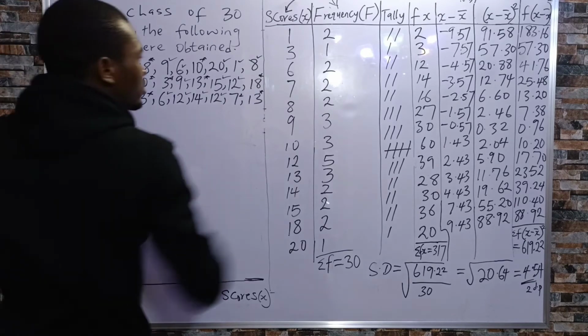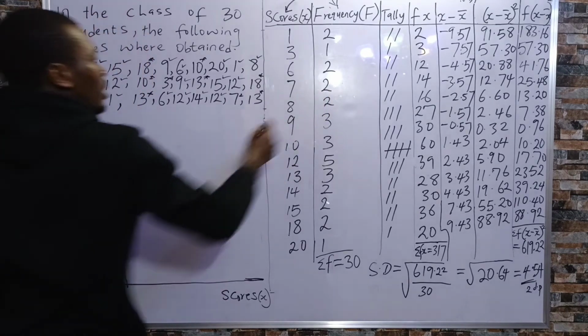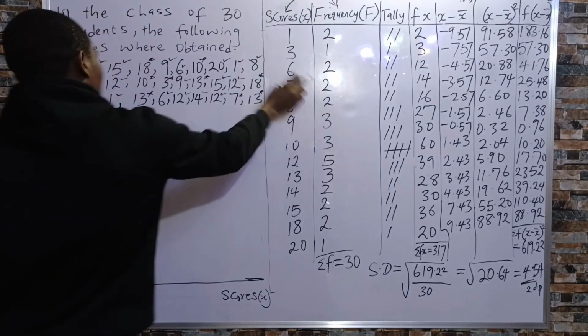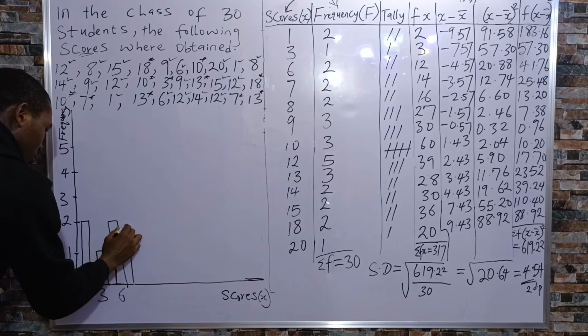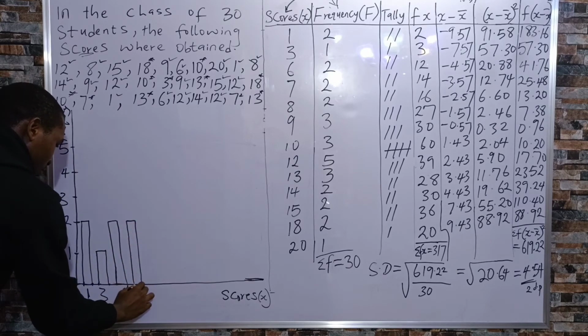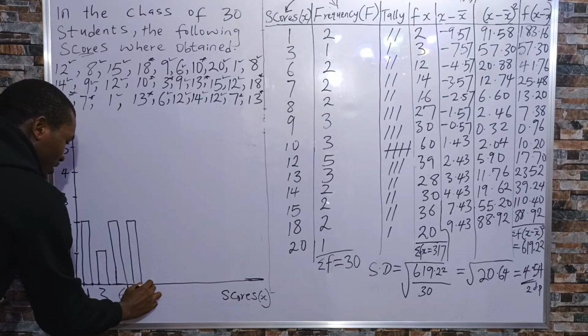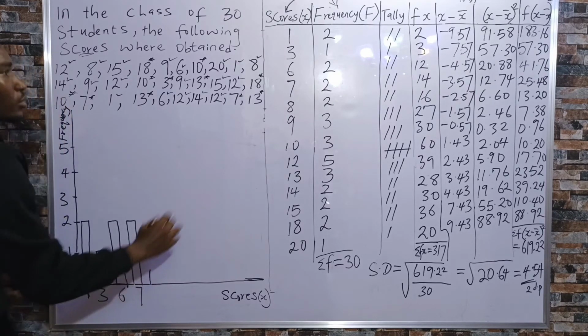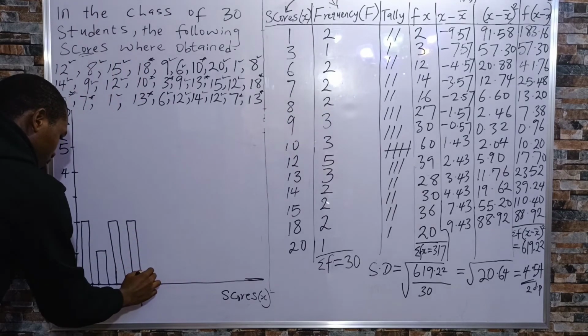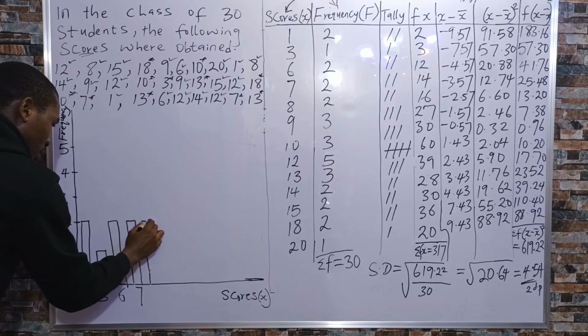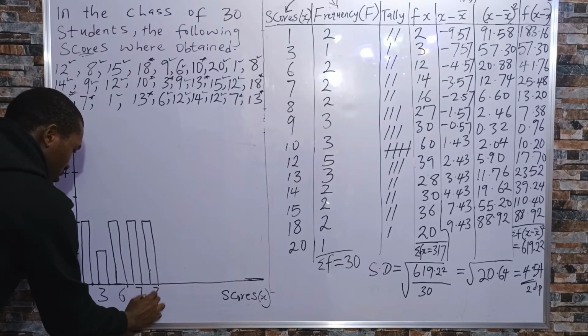Then the next one is still 2. So I will draw another rectangle to touch 2, and that is 7. So maintaining the same width, it will still be at the point of 2. I will call it 7. Jumping another 1 centimeter, I will draw another rectangle that will still touch the same 2, and I will call it my 8.